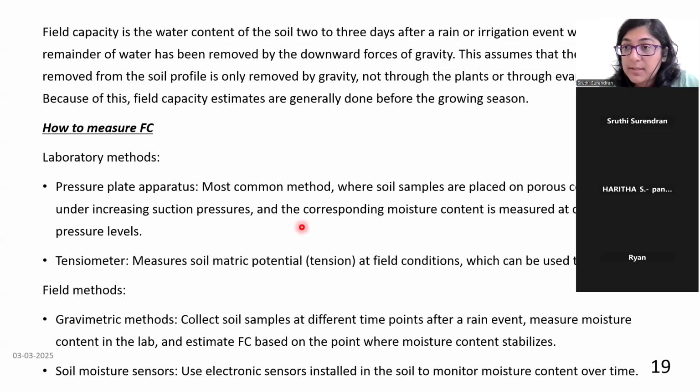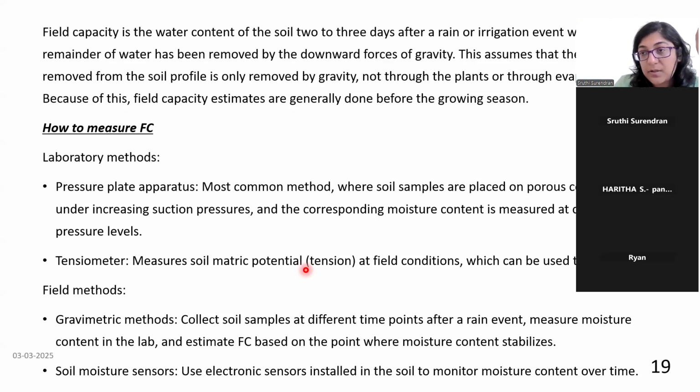Then there are soil moisture sensors that work on the principles of capacitance and time domain reflectometry, where two rods are inserted into the soil, and when electric currents are passed, based on the time delay in the response reaching the other electrode, we can estimate the water content in the soil.